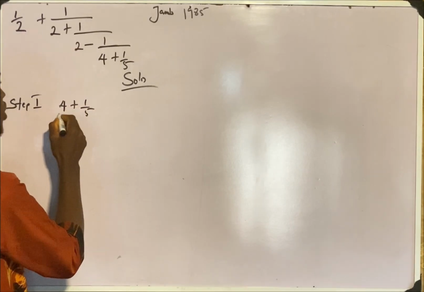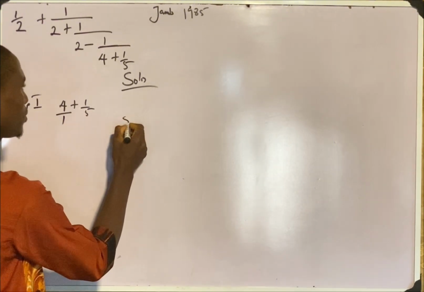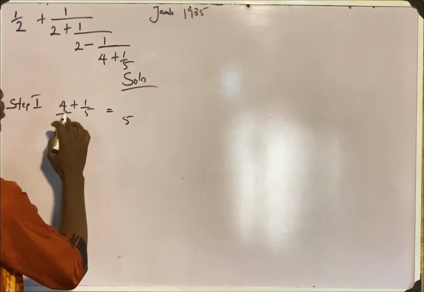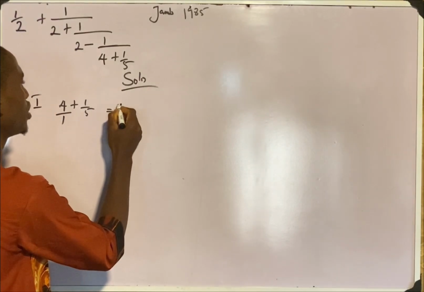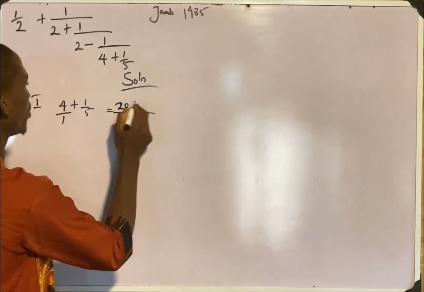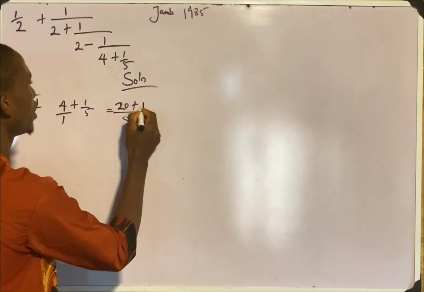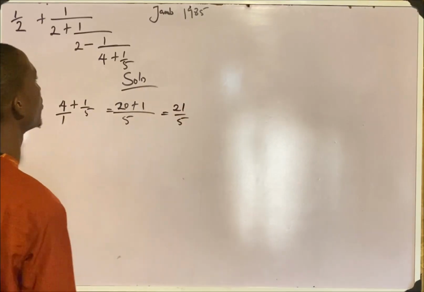You know that this is also written as 4 over 1. The LCM of this is 5. So we now have 1 divided by 5 is 5, 5 times 4 is 20, right? Plus 5 divided by 5 is 1, 1 times 1 is 1. So this is equal to 21 over 5.